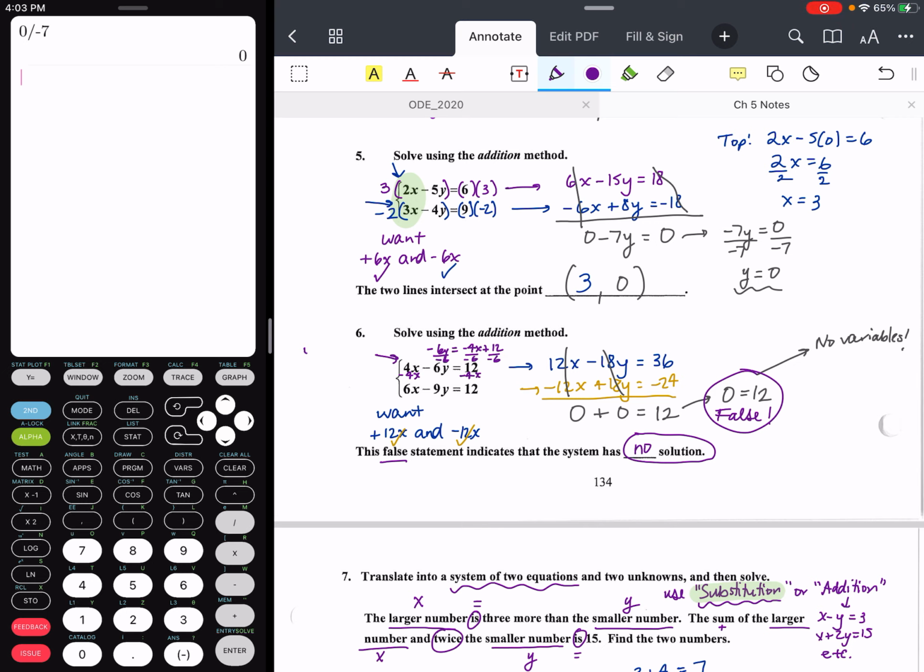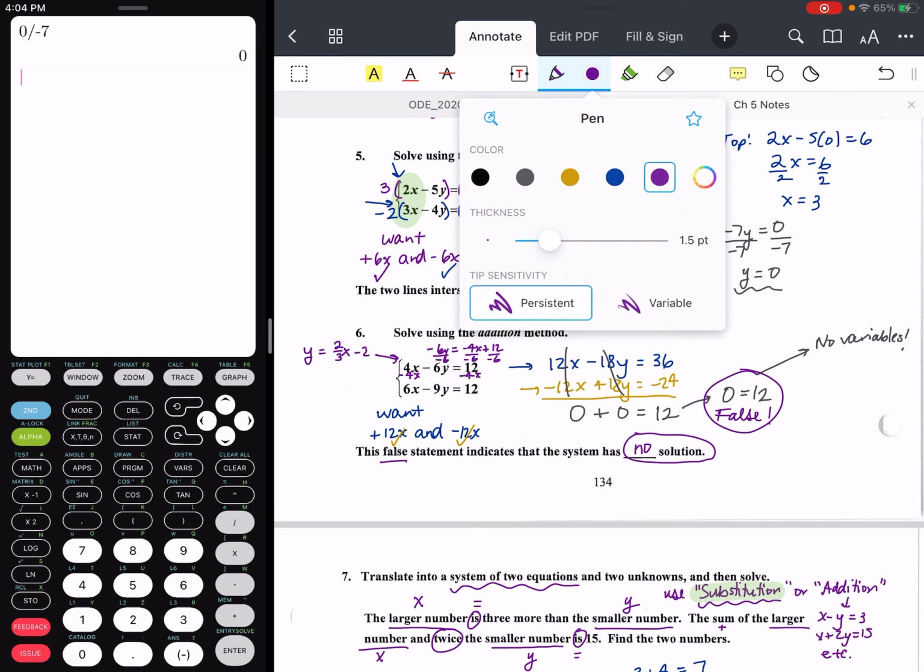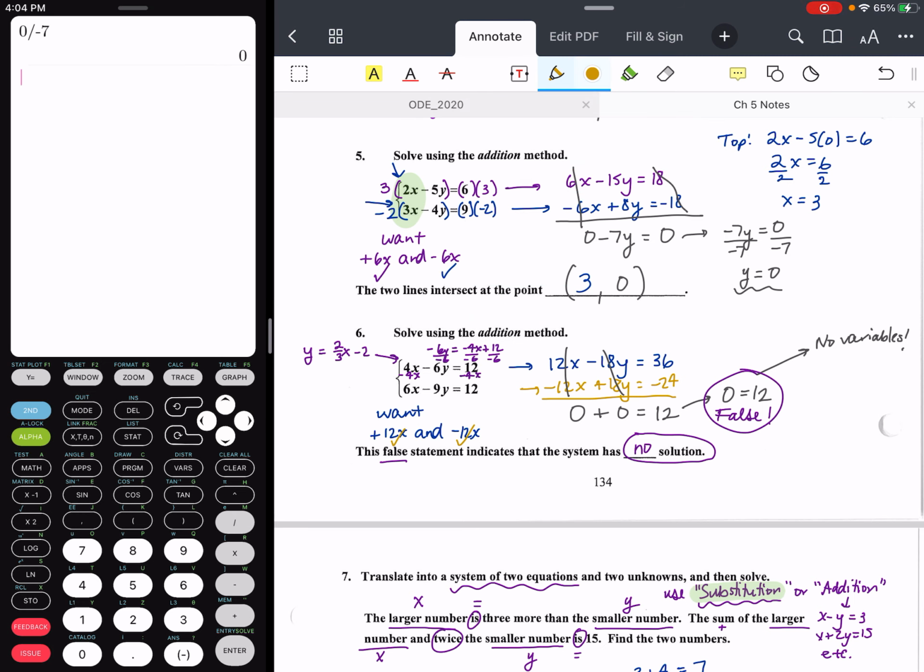So I get y equals positive 2/3 x minus 2. And then if I do the same thing for my second equation, solving for y, divide by negative 9 all the way across. I'm going to get y equals positive 2/3 x. Positive 12 over negative 9 gives me negative 4/3.